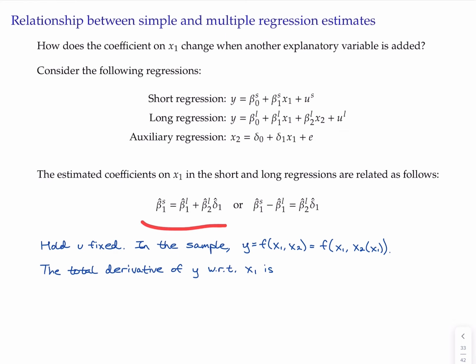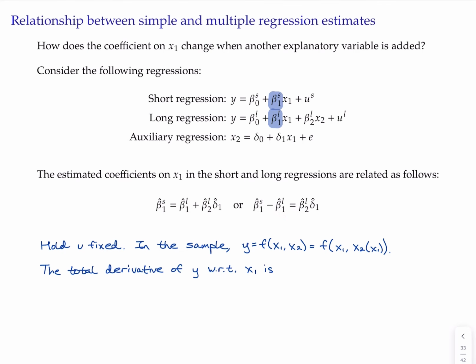This, or equivalently this, shows us how some of the estimates of these parameters are related. So there are four things that we're going to focus on. Remember, the guiding question is how the coefficient on x1 changes. So we're interested in how those beta 1 hats are related to one another.